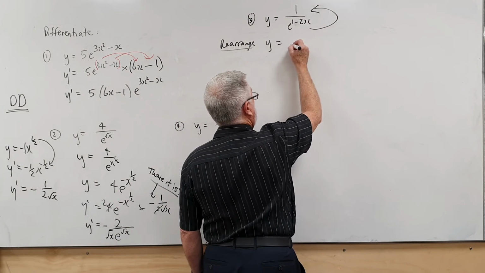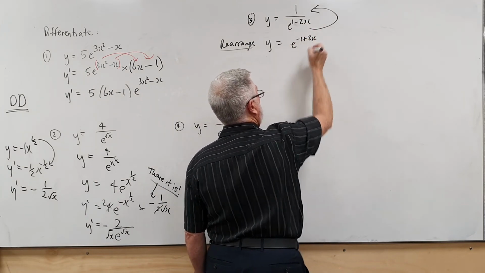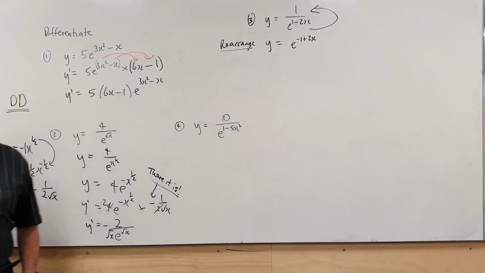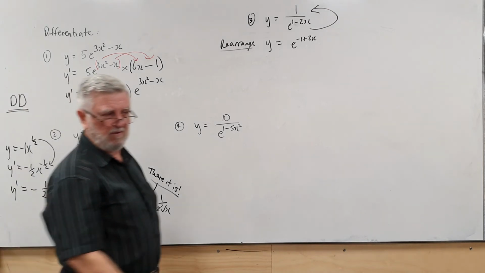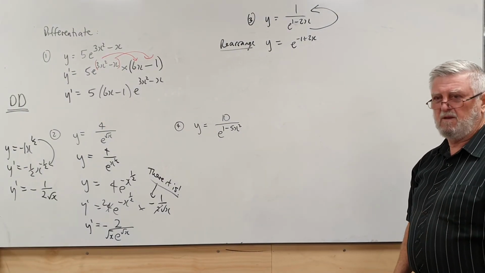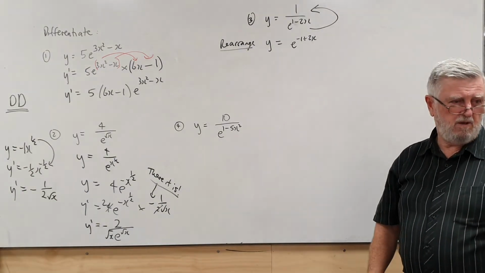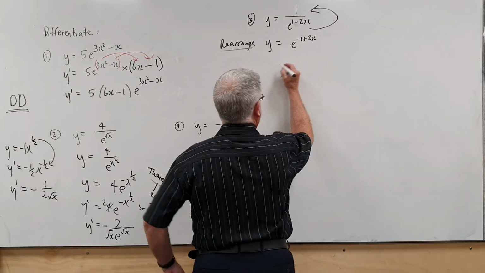That 1 will become a negative 1, and that negative 2 will become a positive 2. You could have that in a test and go, I never thought about that. And yet the person writing the exam will think, we've taught you that. But it's different. There wasn't any in the textbook like it. So now it's ready to differentiate.